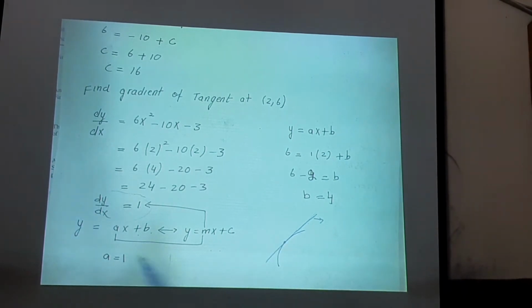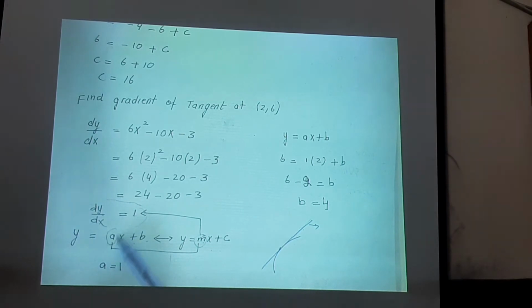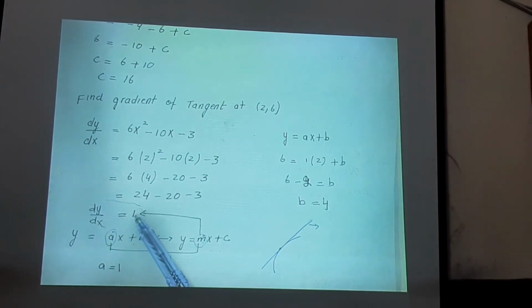Now if you observe the equation of the line y is equal to ax plus b, and compare it with y is equal to mx plus c, the coefficient of x is basically the slope or gradient. So the coefficient of x is a, and the gradient of the line which is tangent to the curve is 1.